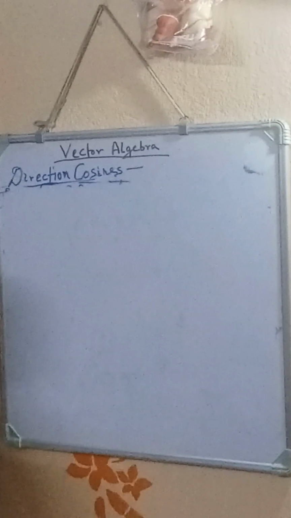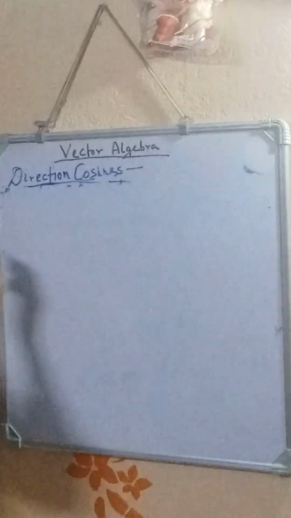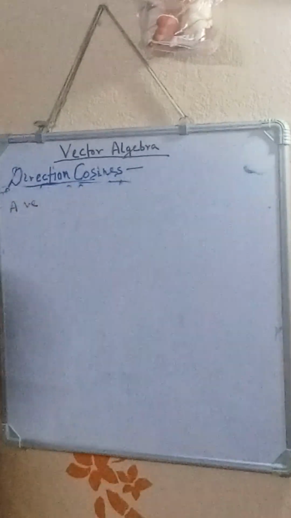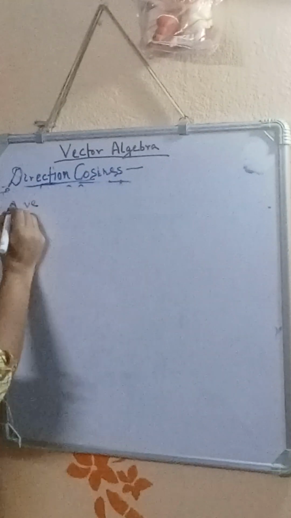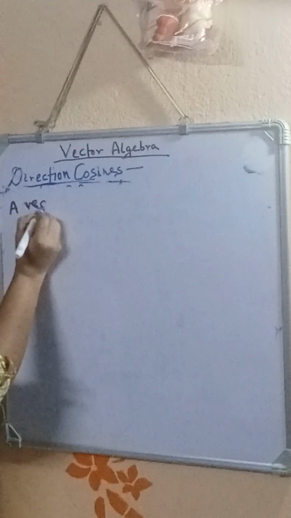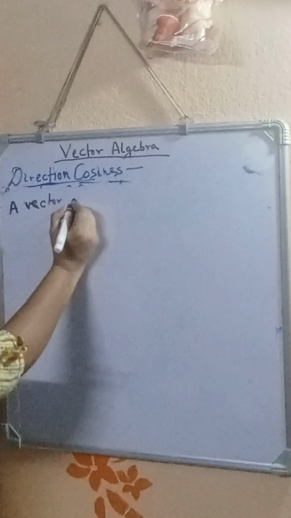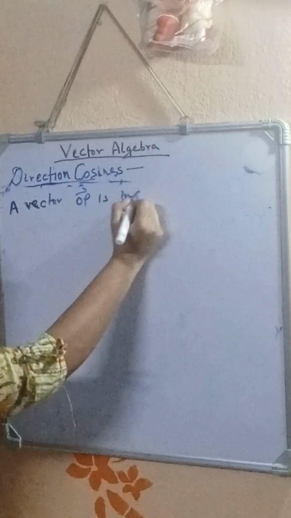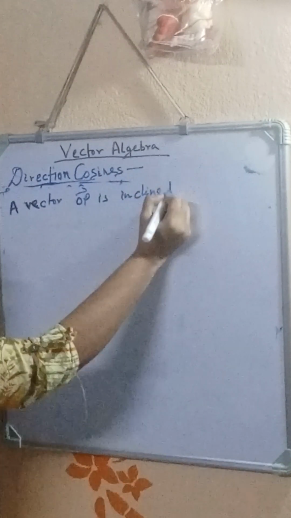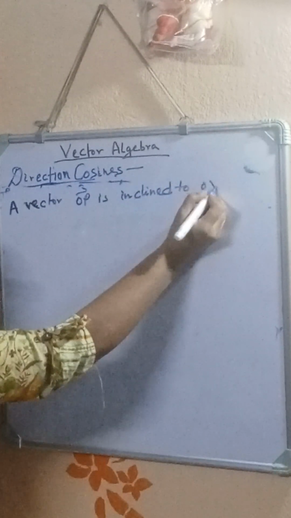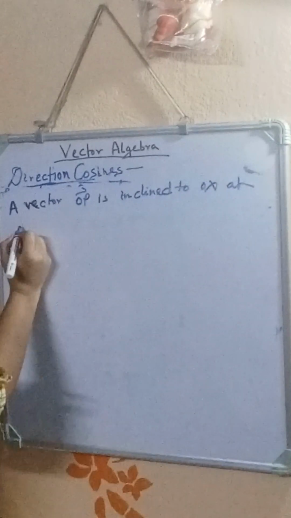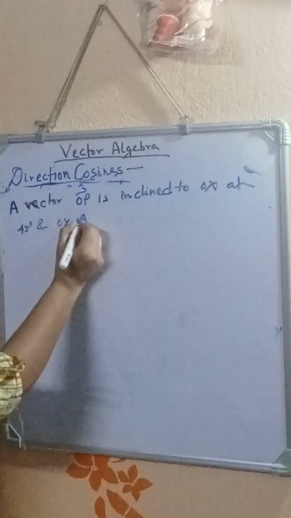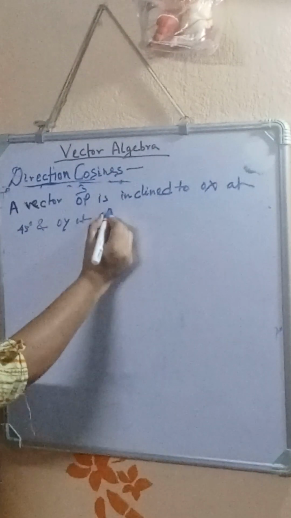Let's consider an example. A vector OP is inclined to OX at a 45-degree angle and OY at a 60-degree angle.